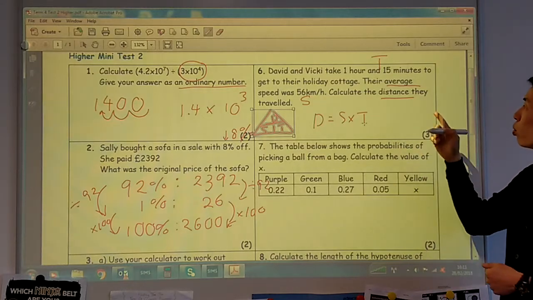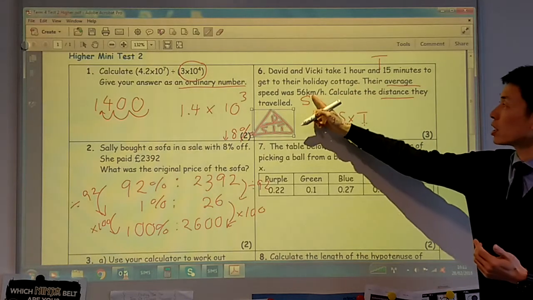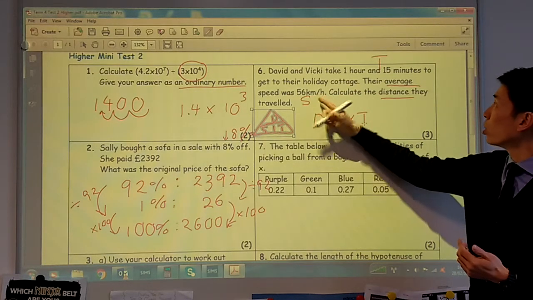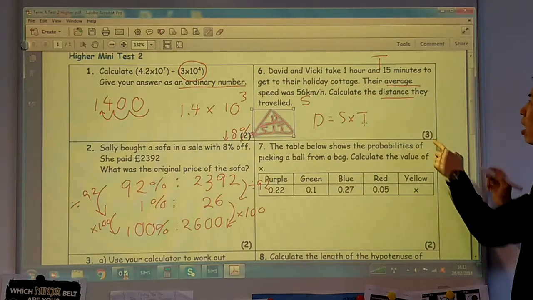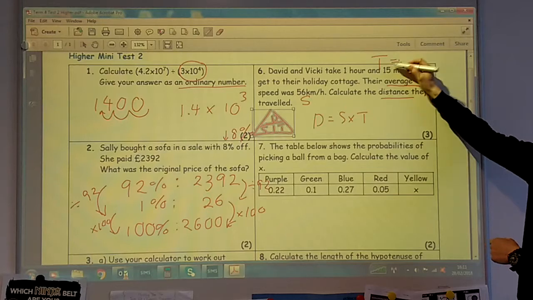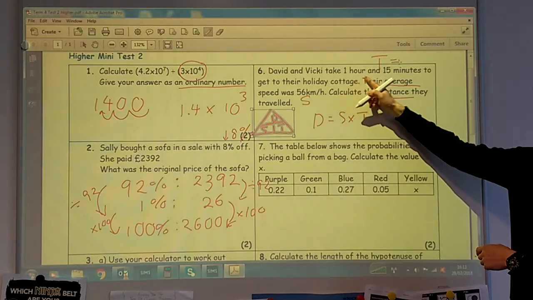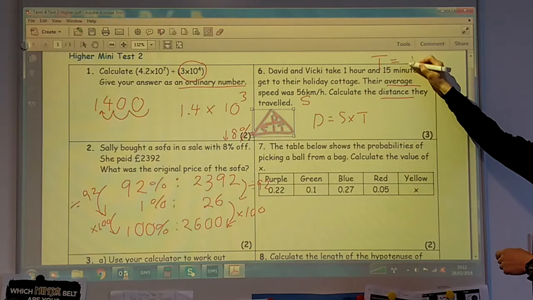However, because you need to work out the distance in kilometers and the speed is per hour, the time must also be in hours. So for 1 mark, you must demonstrate that you change 1 hour 50 minutes to 1 hour and 50 minutes as hours.